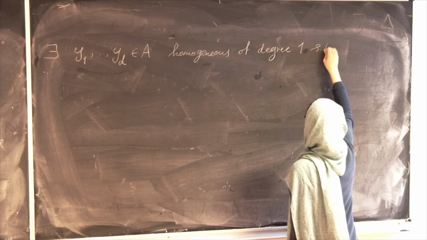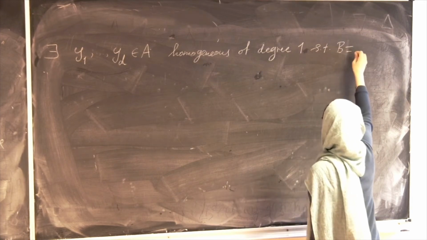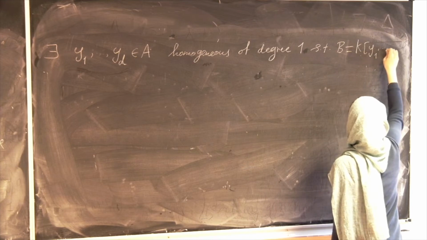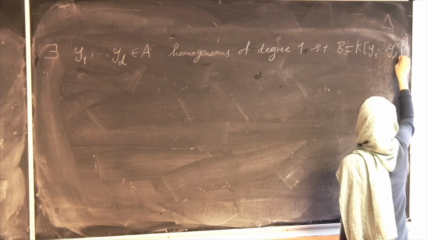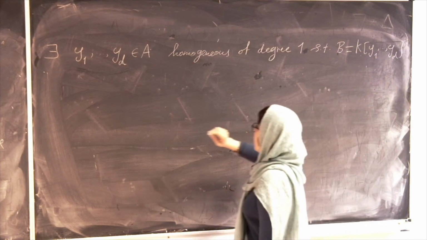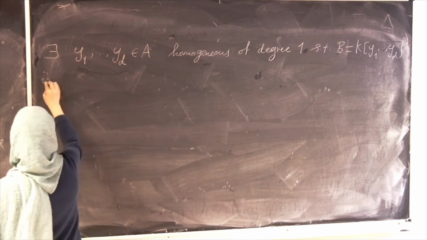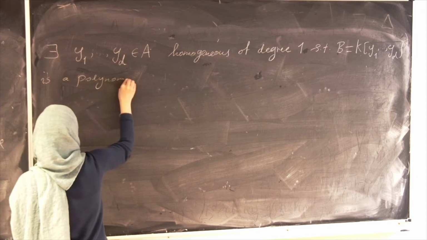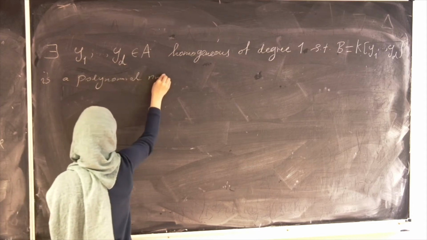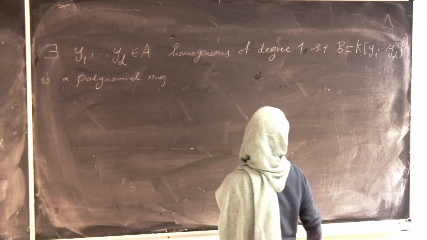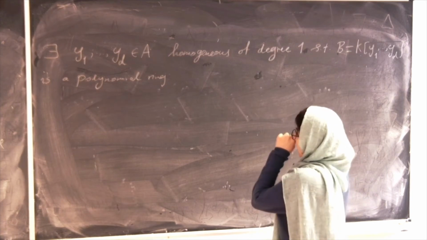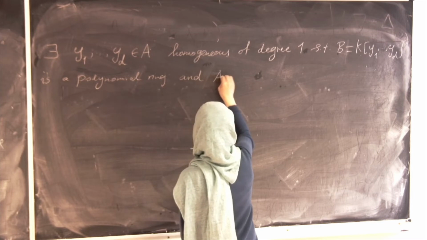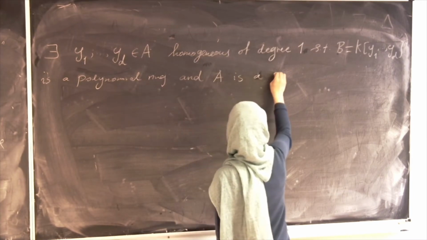Such that if I call this ring B, k[y1, ..., yd], this is a polynomial ring over indeterminates y1 to yd, and A is a finitely generated B-module.